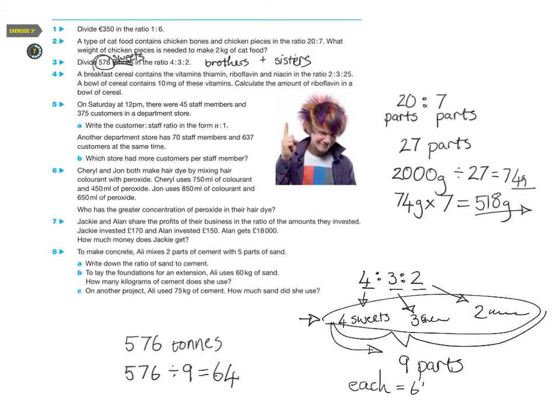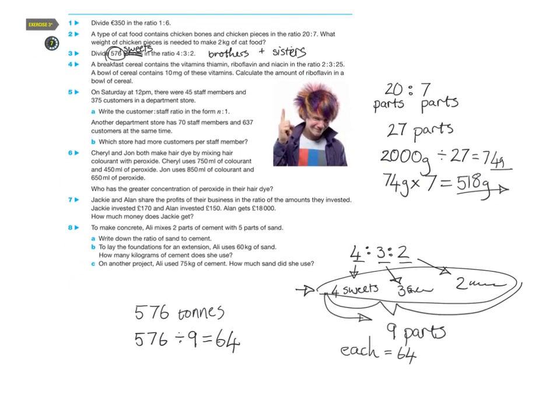is equal to 64. If we want to figure out the ratios, we're going to go 64 times by 4 and 64 times by 3. Lastly, 64 times by 2. Let's put the colons there.